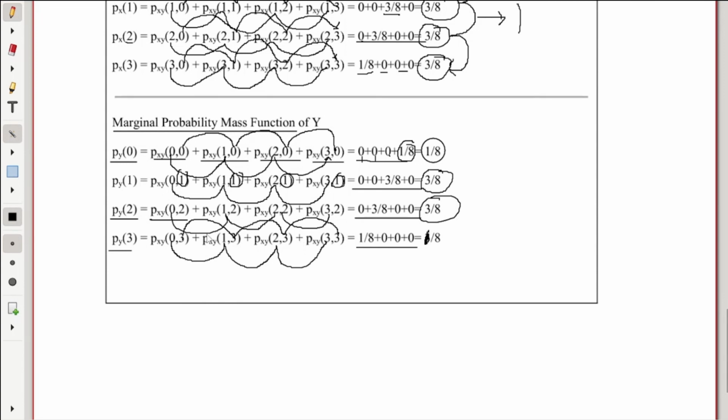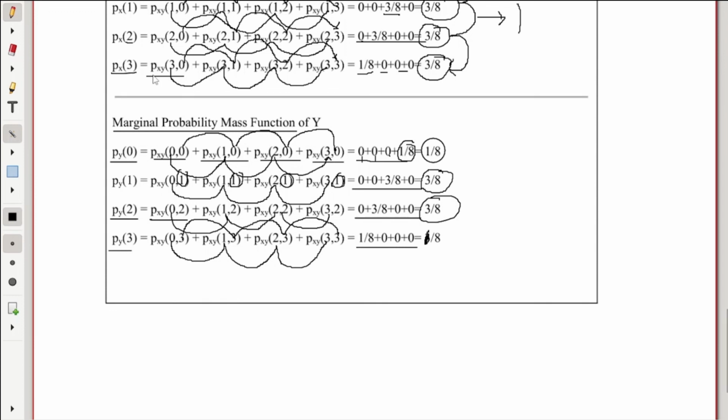So you are finding here P_Y in terms of p_XY, or P_X in terms of p_XY. So P_X is a marginal probability, and you are getting it from the joint probability mass function.